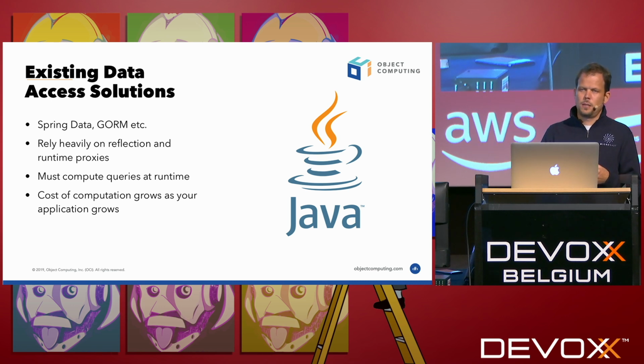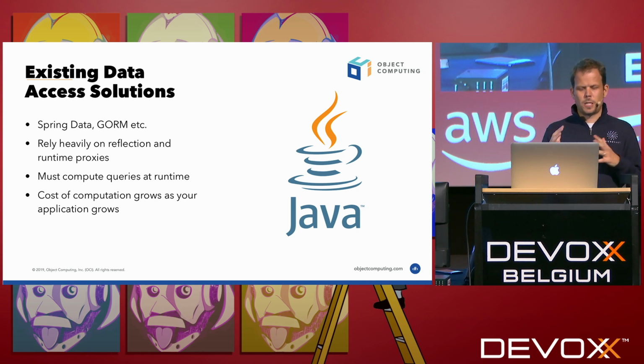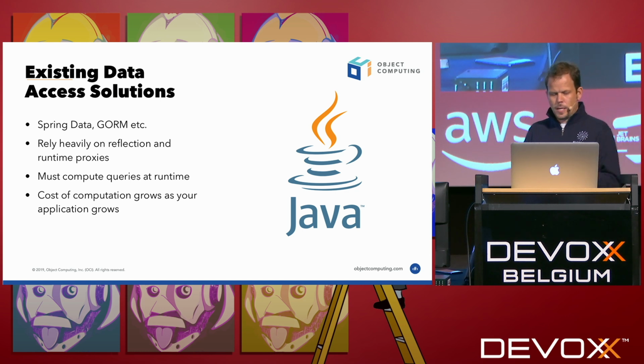The way they work is they, at runtime, analyze your repository interfaces, so interfaces that you may define, and compute queries at runtime. And the bigger your application, the more this computational cost grows in terms of memory consumption, startup time, and so forth.